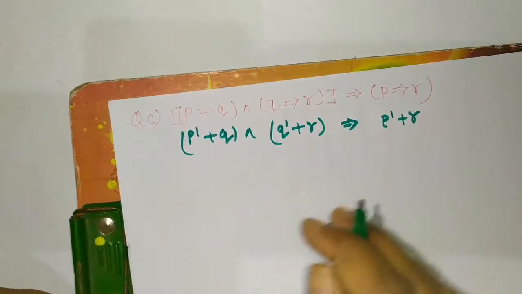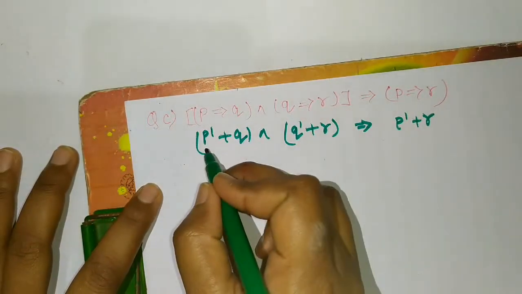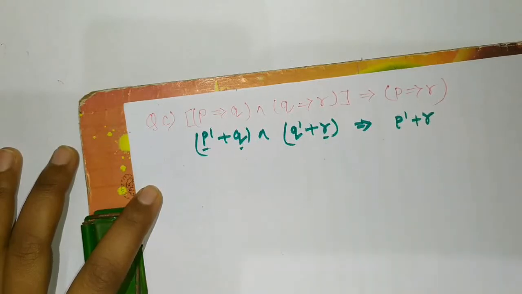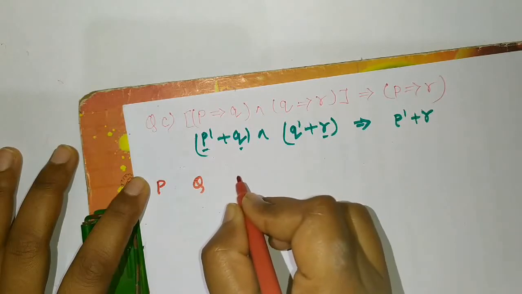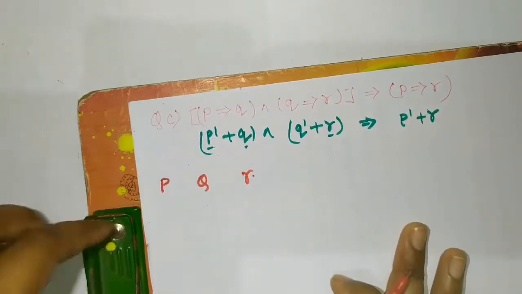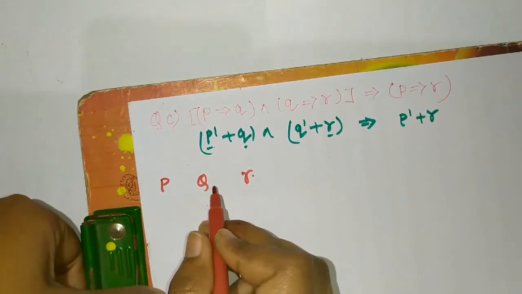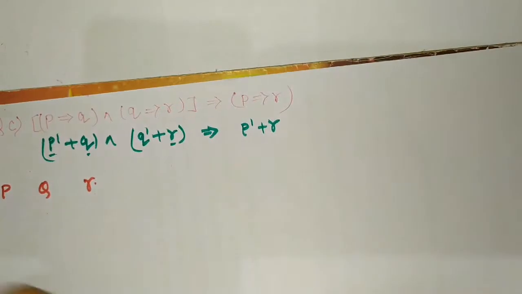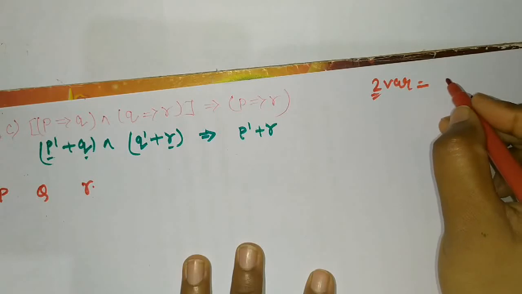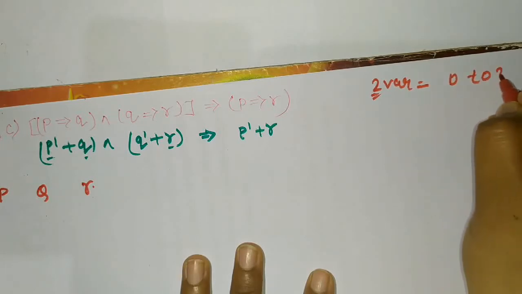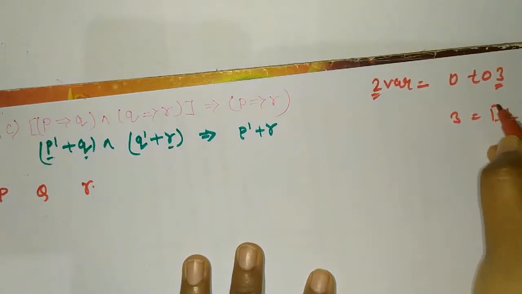So firstly we find the value of P, Q and R. Here there are three variables, P, Q and R, so we have to take a three value input. Suppose there are two variables, we can take values 0 to 3 because the binary number of 3 is 1, 1, only 2 digits.